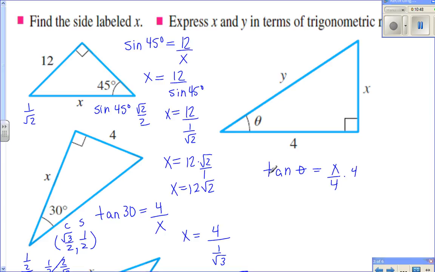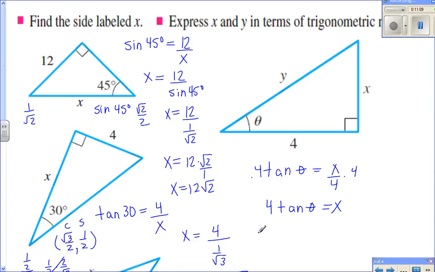So if we want to get x by itself, we just multiply both sides by 4. So we would have 4 times the tangent of theta equals x.